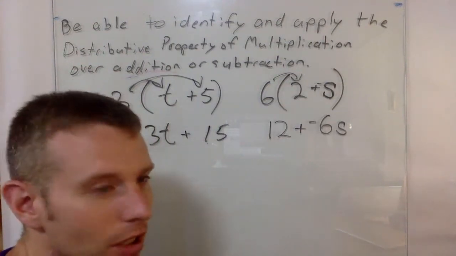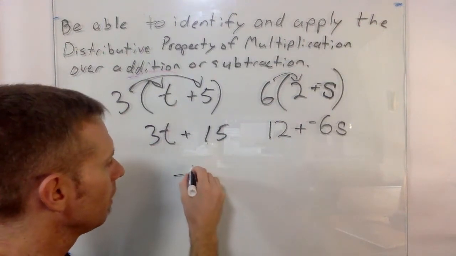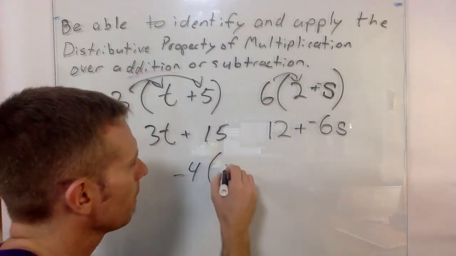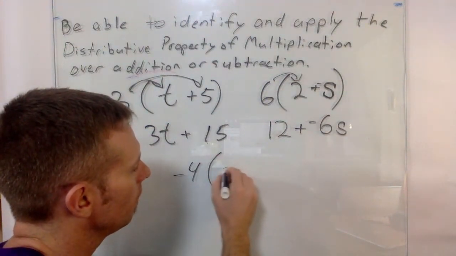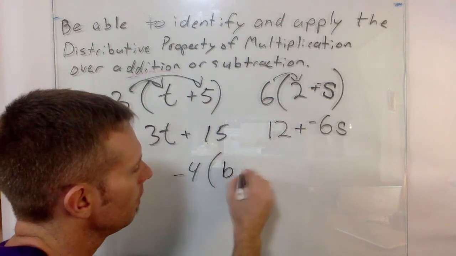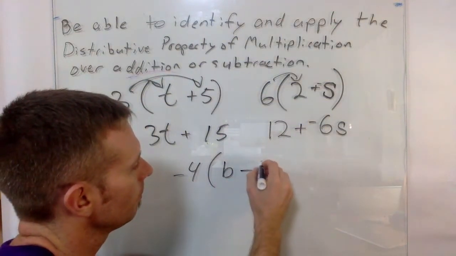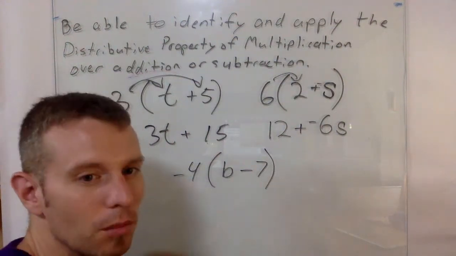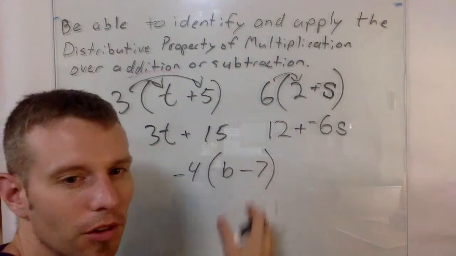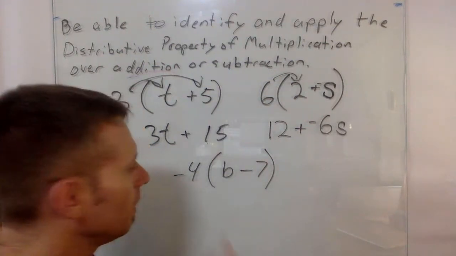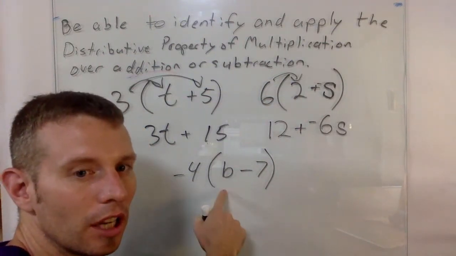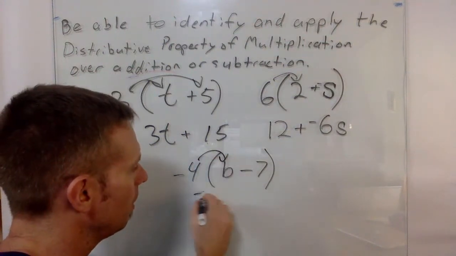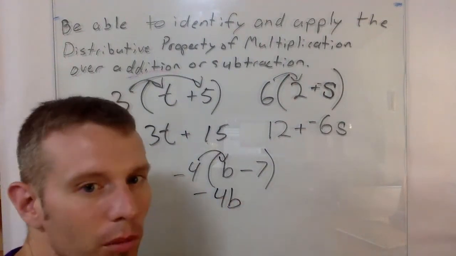Now, it can get a little tricky, and I'll just do one more. Let's say we have negative 4 times b minus 7. Again, these variables can be interchangeable. Sometimes the constant first, sometimes the variable first. Negative 4 times b, have to be careful, gives us negative 4b.